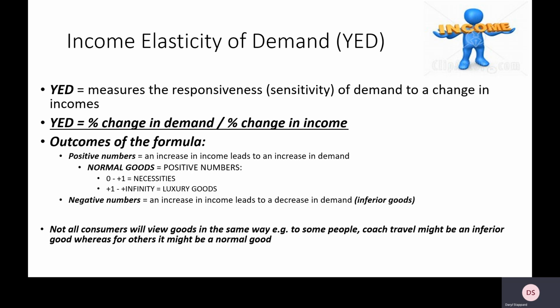You might buy a bit more basic food from the supermarkets, but your demand will not significantly increase for these products. So for me, if I earn more money, I might buy a few extra bags of coffee here or there, but it won't have a significant impact on my demand because I buy these things anyway, and I more or less buy all the necessities that I want anyway.